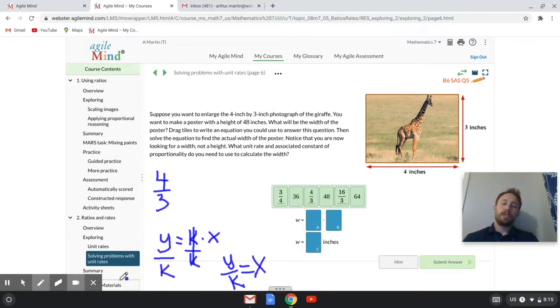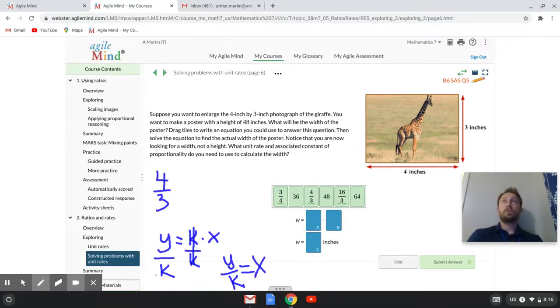So it says W equals something times something. Remember, it says that the new height is 48 inches. So what would we do to find the new width? Well, what times 3 equals 48? Is it 12 times 3? 12 times 3 is 36.